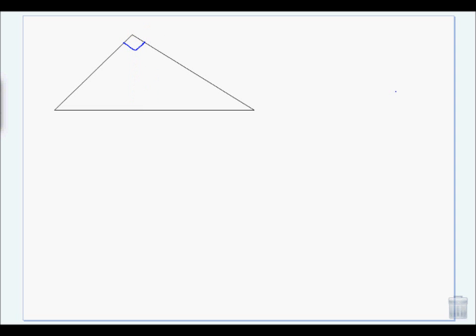Actually, I'll do this all black. Okay, so this is our altitude to our hypotenuse, right? The hypotenuse is the long line. Yes, yes. Okay. My mom is good.